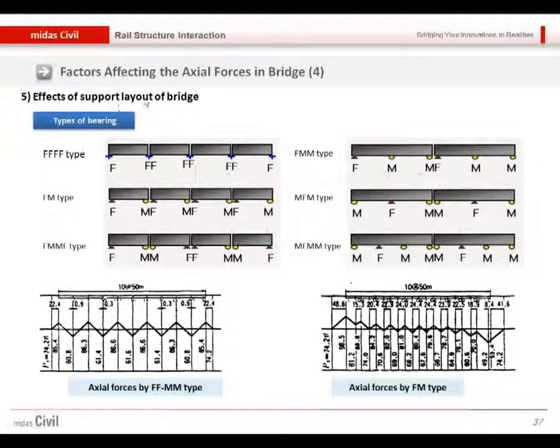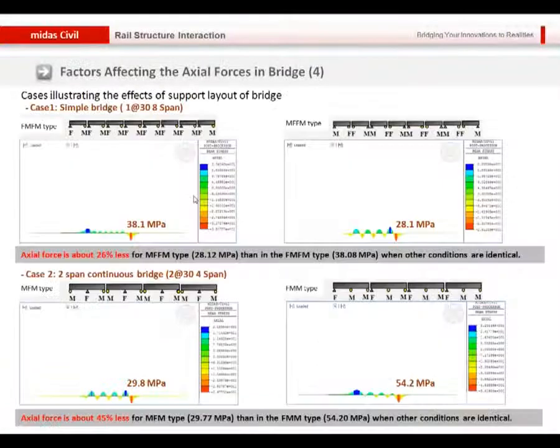And the support layout is another factor affecting the axial force. So when we have fixed, roller, or fixed, roller, fixed, or roller, fixed, roller and fixed, roller, with those different conditions, how will the axial force be obtained?